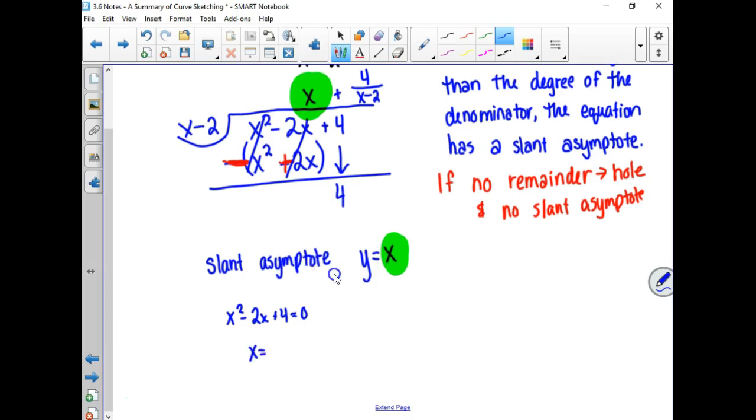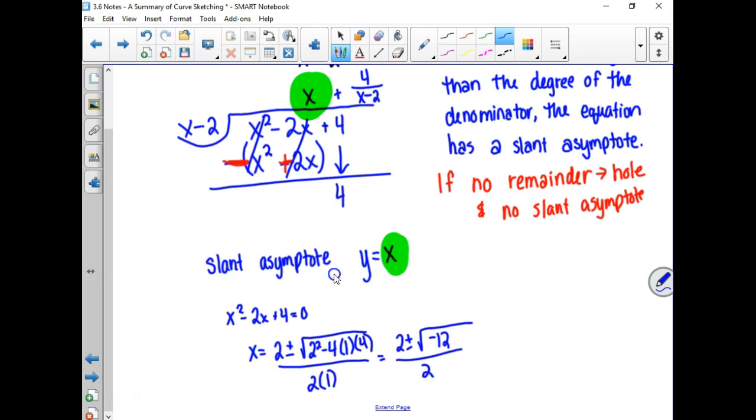So x equals 2 plus or minus the square root of 2 squared minus 4 times 1 times 4, all over 2 times 1, which will give us 2 plus or minus the square root of 4 minus 16, which gives me negative 12.